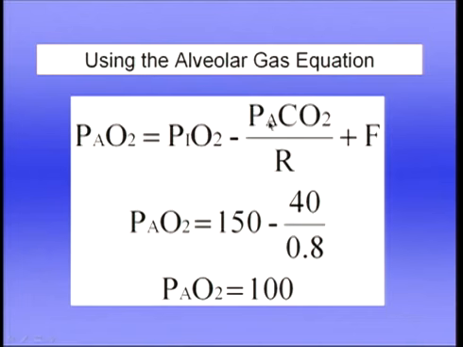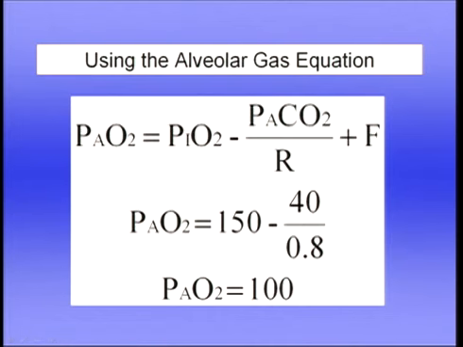So the PCO2, we said, under normal conditions is 40 millimeters of mercury, and it turns out that the normal respiratory exchange ratio at rest is about 0.8. It varies a little bit, 0.8, 0.85, but let's take 0.8 as a ballpark value. So if we divide 40 by 0.8, we get 50 millimeters of mercury, and therefore the alveolar PO2 is equal to 150 minus 50, and that's 100 millimeters of mercury.